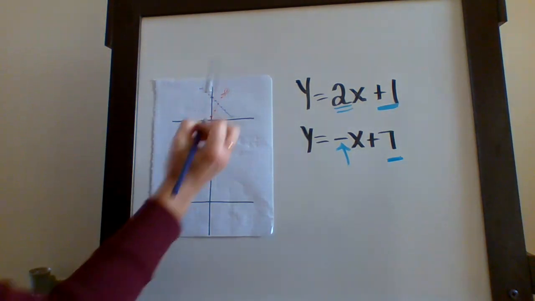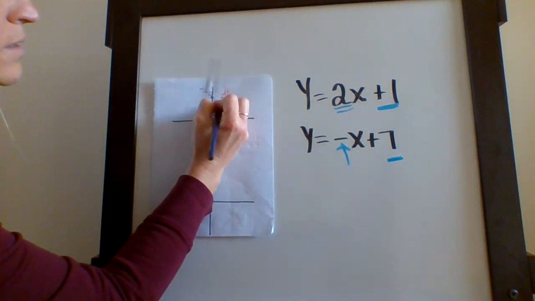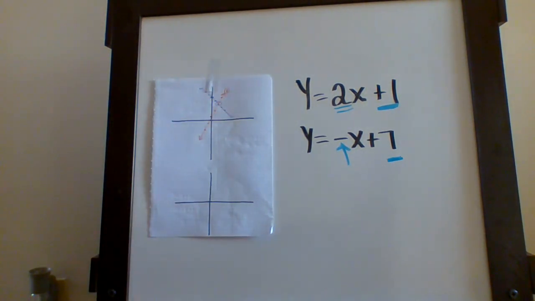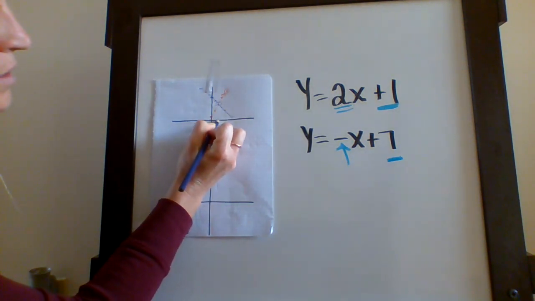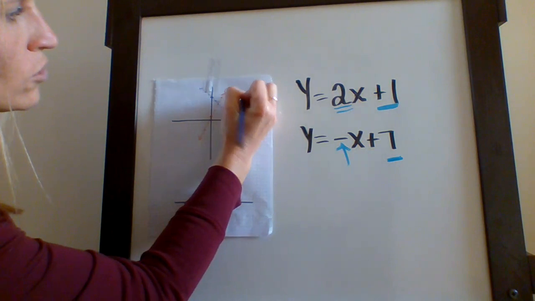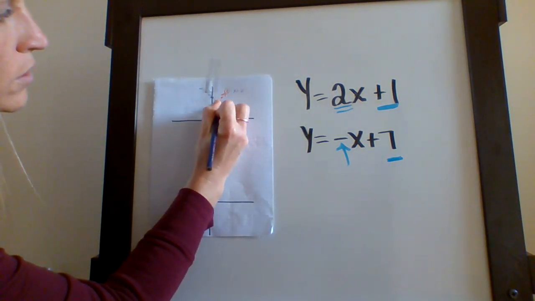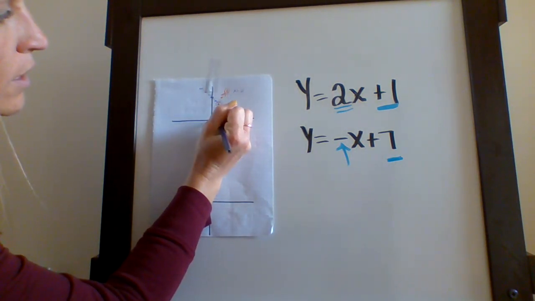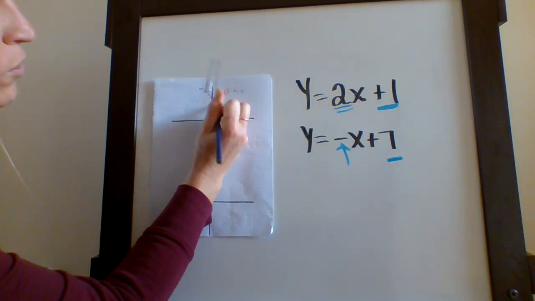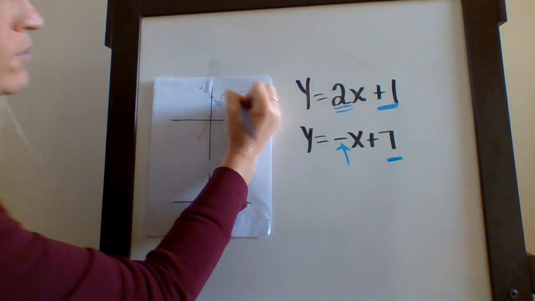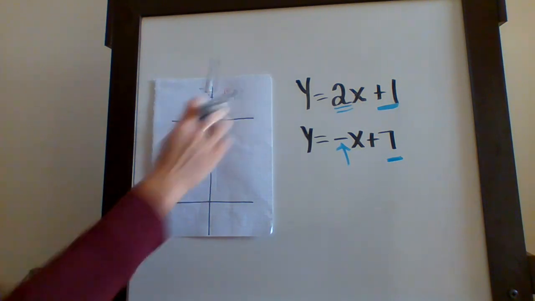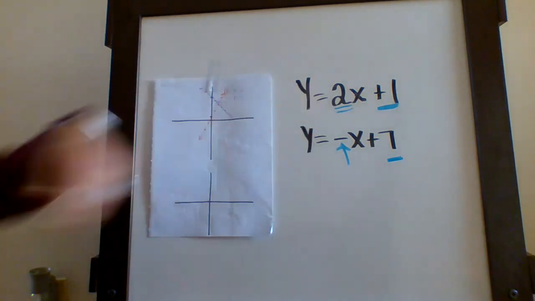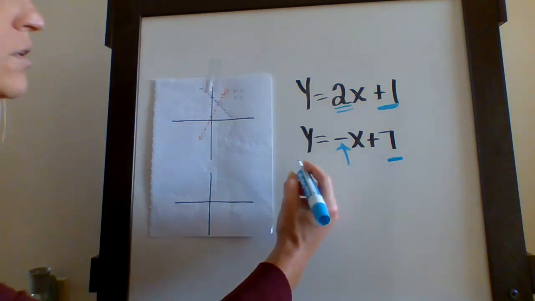And we can see that those lines crossed or intersected at this point right here. So if I'm looking at what that point is, it looks like x was 2 because I went over 2, and then I went up 1, 2, 3, 4, 5. So y was a 5. And we can check that by just plugging in my x and y value into either equation or both equations.